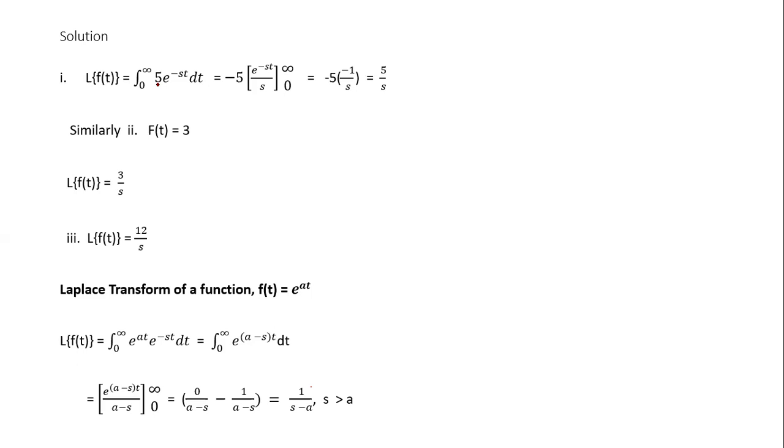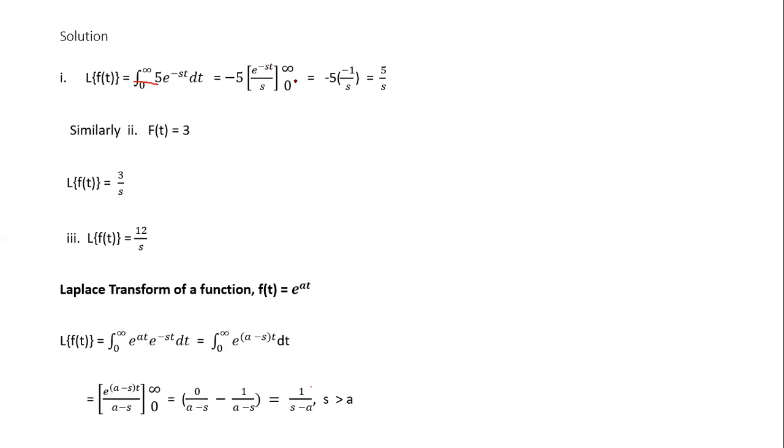So bringing 5 out here, and when we differentiate exponential negative st, we get negative s as usual. Therefore, we divide the whole thing by exponential negative st over negative s. Then we evaluate the limits. When t is infinity, the whole of the numerator becomes 0.